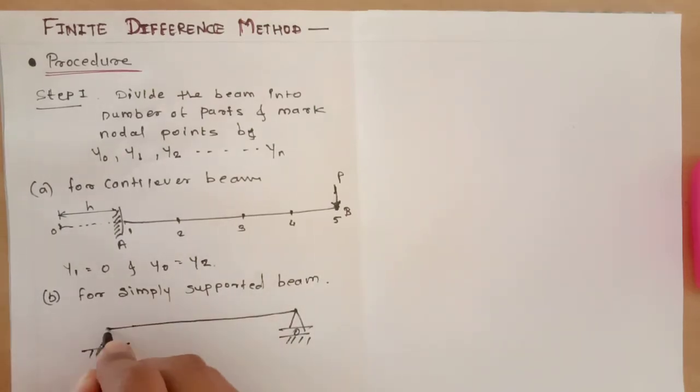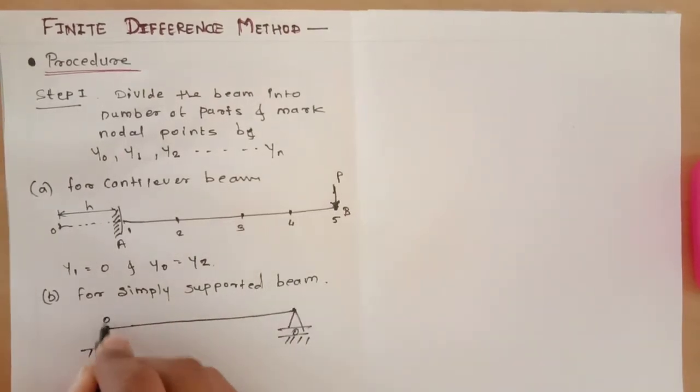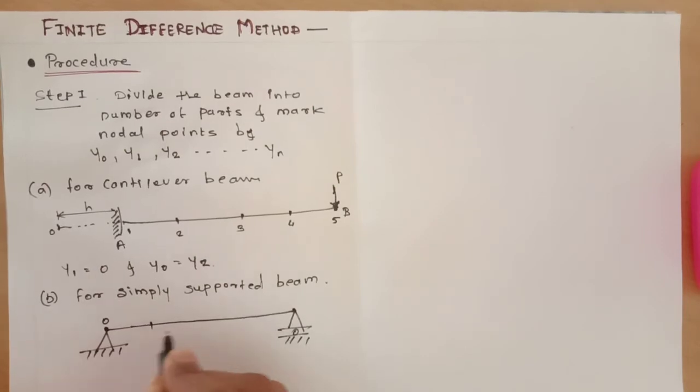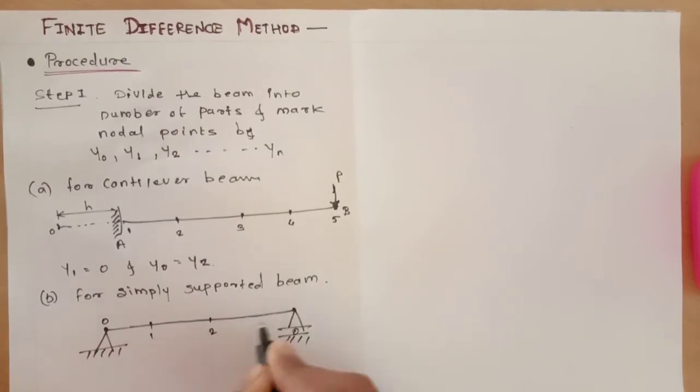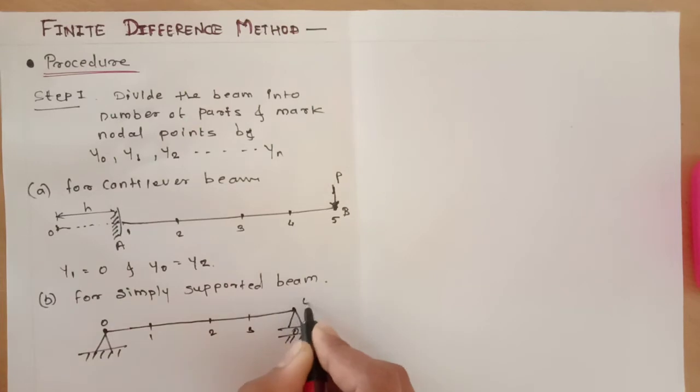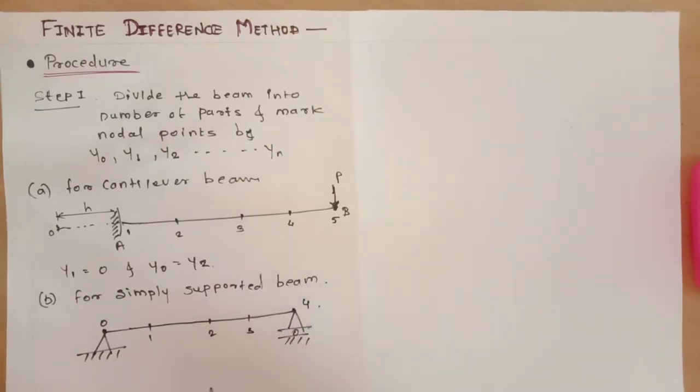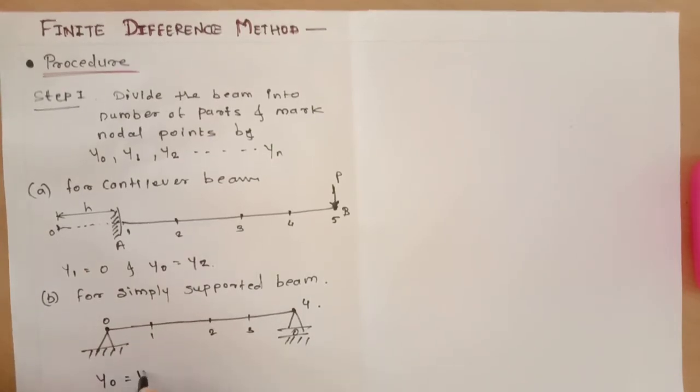So here 0, 1, 2, 3 and 4. So at the simple end, y0 is equal to y4 is equal to 0.